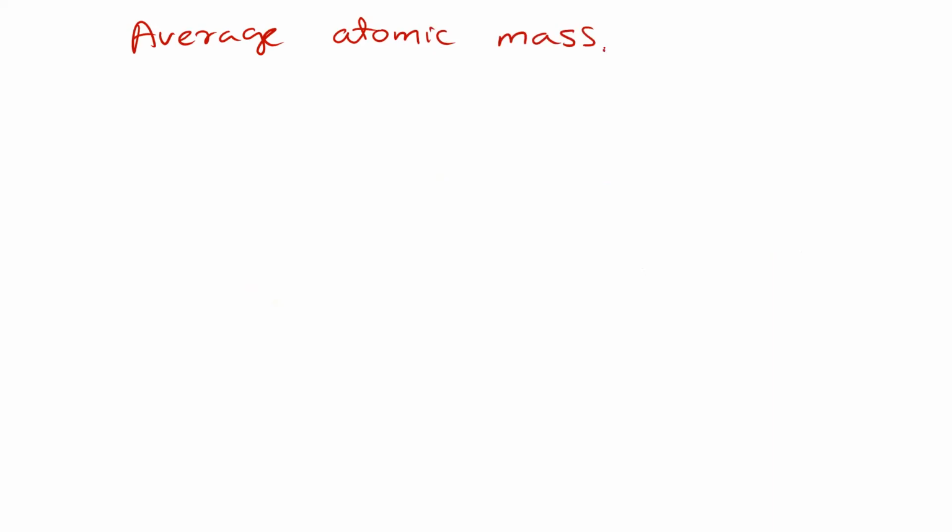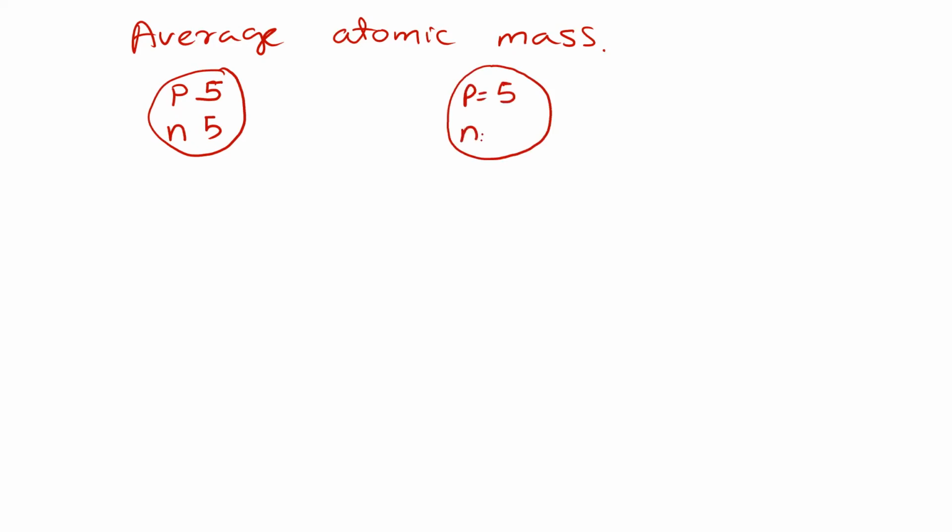Let's say we have two atoms. The first atom has 5 protons and it has 5 neutrons. That's our first atom. And our second atom, we will say it has 5 protons and 6 neutrons.